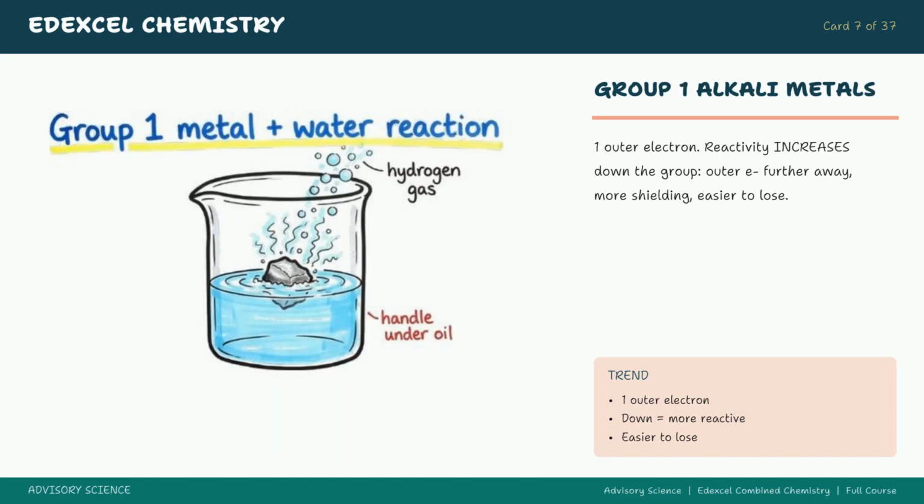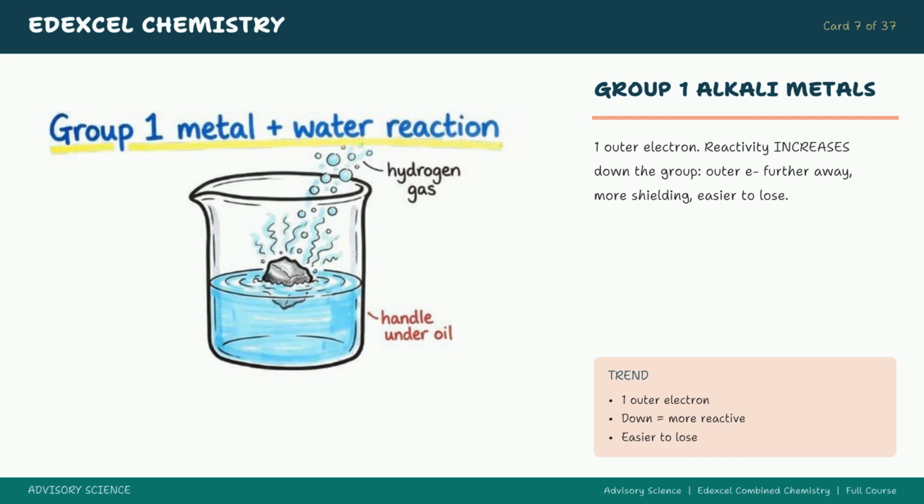Group 1 alkali metals. Group 1 metals all have 1 electron in their outer shell, so they react in similar ways. As you go down the group, reactivity increases, and that's because the outer electron is further from the nucleus and shielded by more shells, so it's easier to lose that electron.